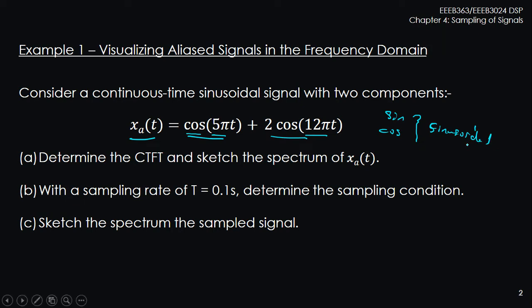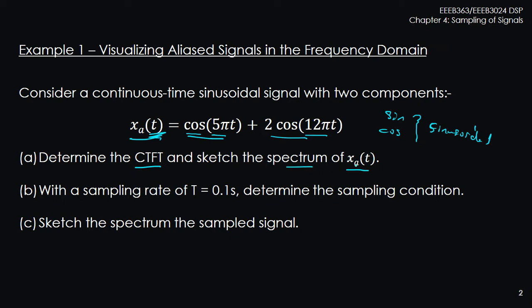Part A is to determine the Fourier transform. And since this is a continuous time signal, we're looking for the continuous time Fourier transform equation. And then we're asked to sketch the spectrum of x_a(t). So x_a(t) here shows that it's in the time domain.